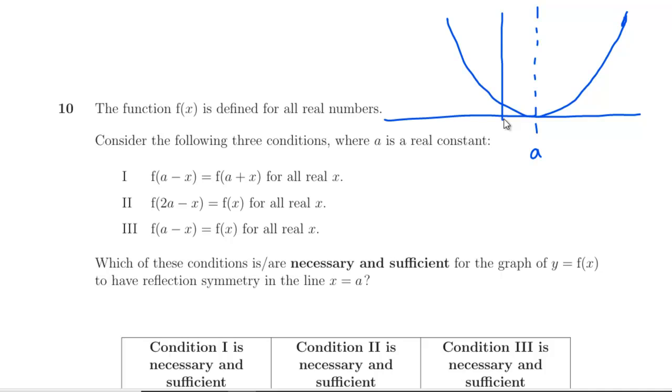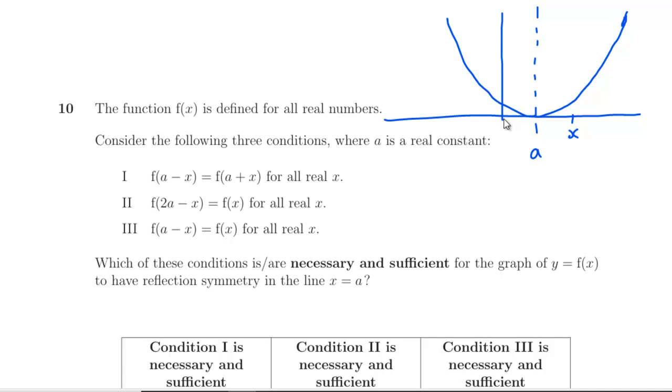So let's build up these points down in here. Say I put x here. So that would give me an f of x at that point. Okay, and then we want an f of a minus x and an f of a plus x.